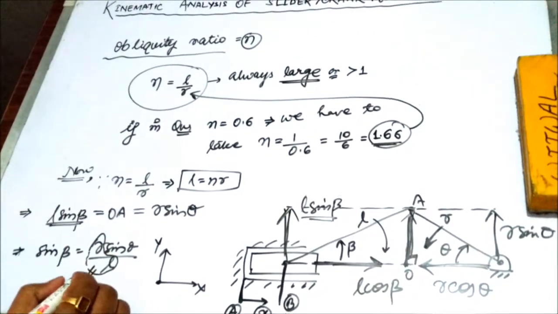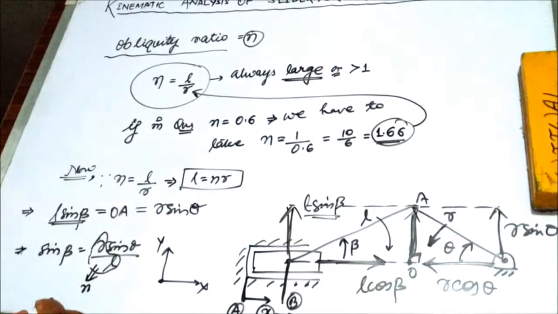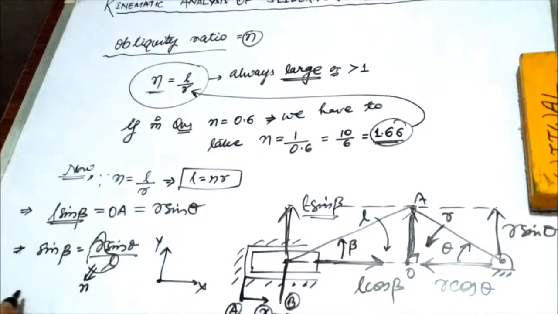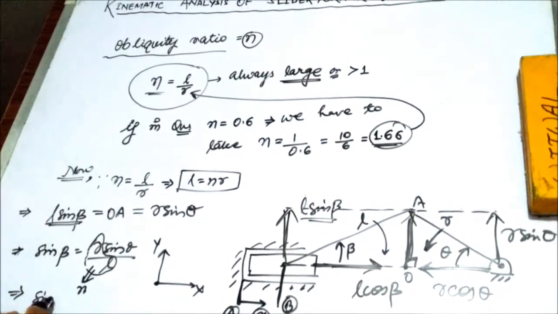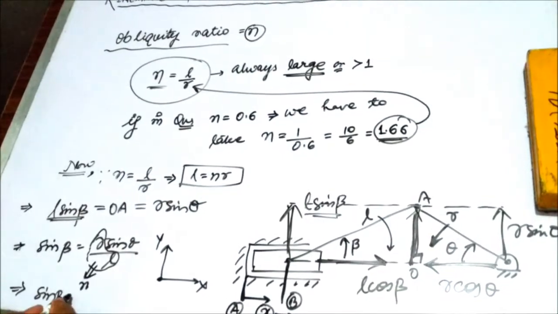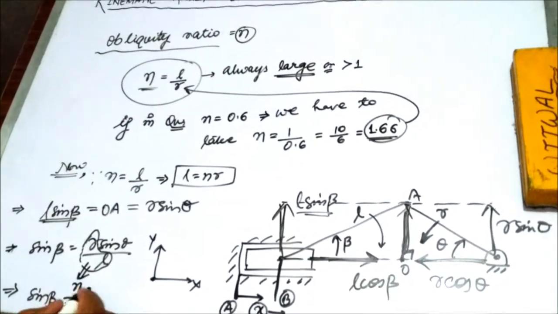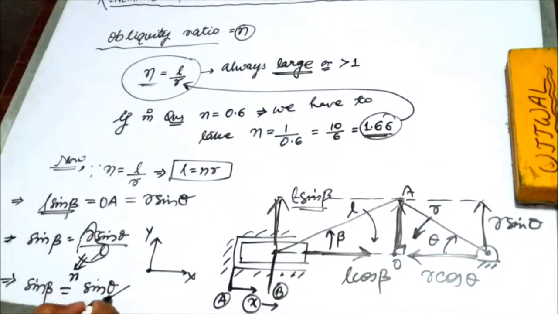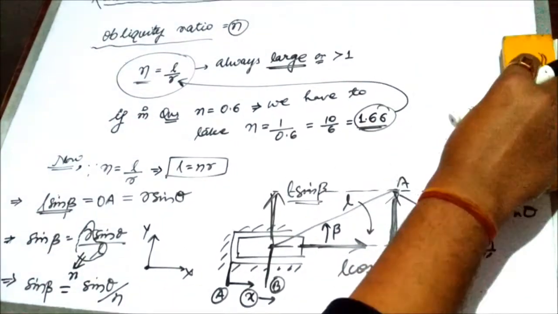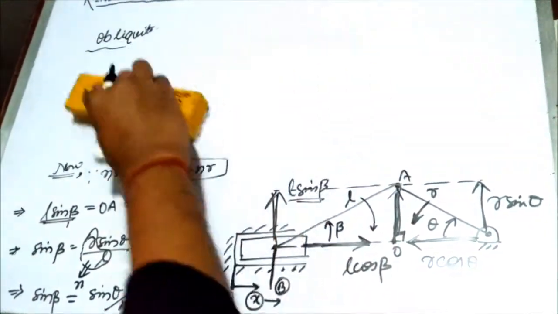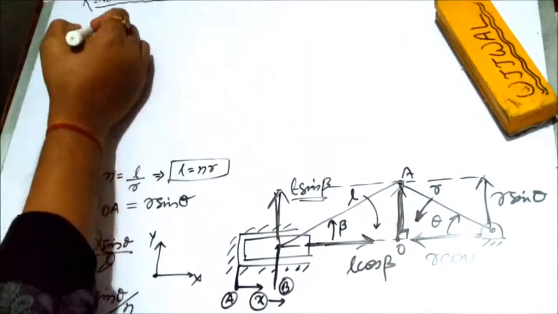From here we calculate sin beta. Sin beta is equal to r sin theta divided by L. Now we can see the L by R ratio as n. So we write sin beta is equal to sin theta upon n.